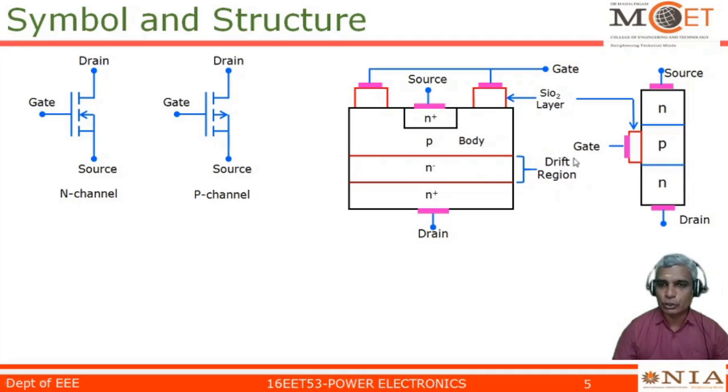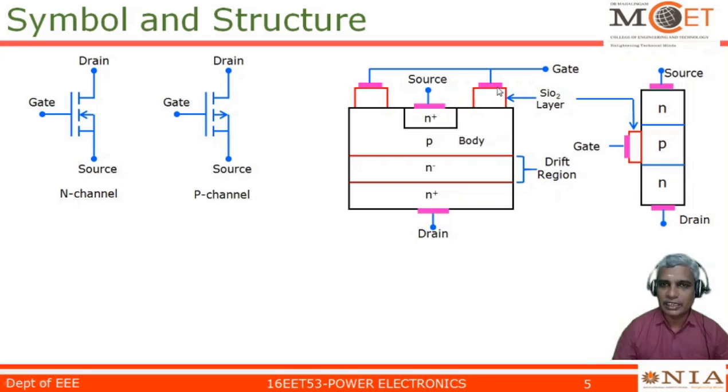This layer is also called the drift region, and the width of this region is based on the operating voltage of the device. The source and drain are connected to the outer N plus layers, whereas the gate is connected to the P layer or the body via a layer called the SiO2 layer. SiO2 is silicon dioxide.